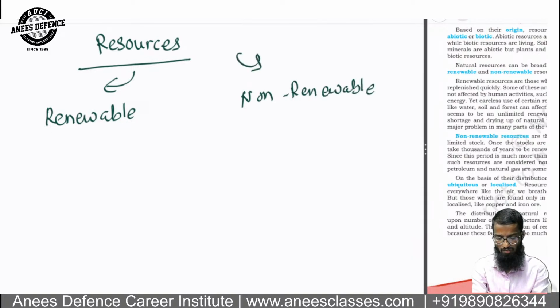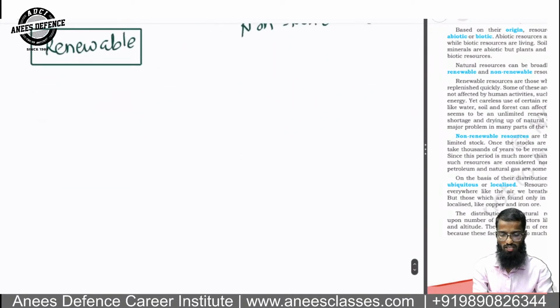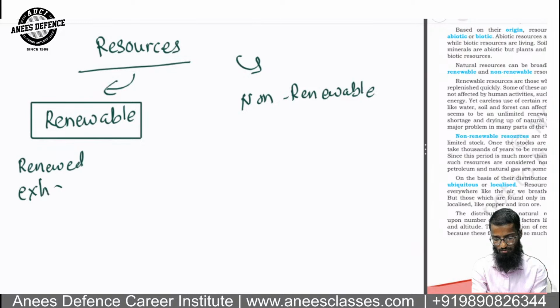What is the meaning of renewable? Renewable means something which can be renewed, or which has unlimited stock. Something which can be renewed and are inexhaustible. That means they are unlimited.